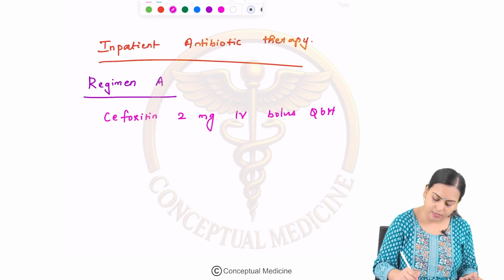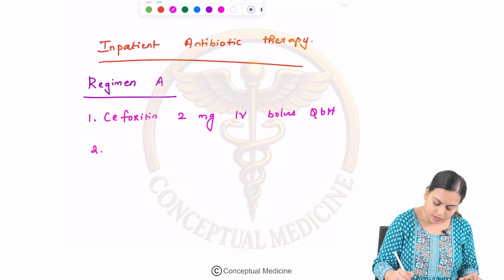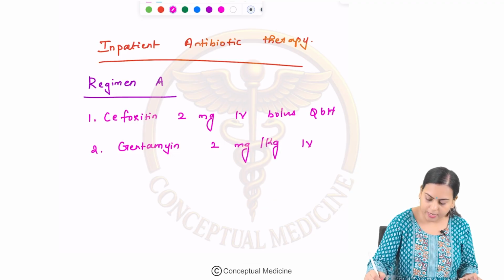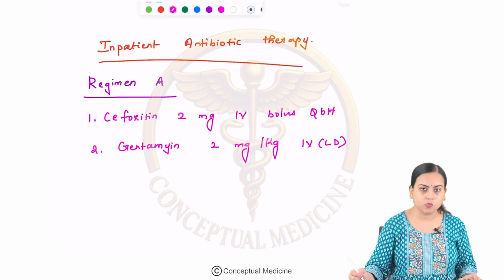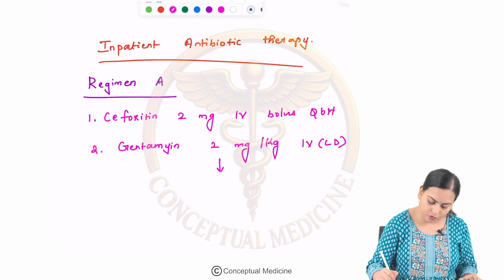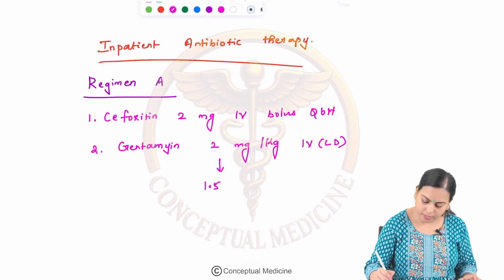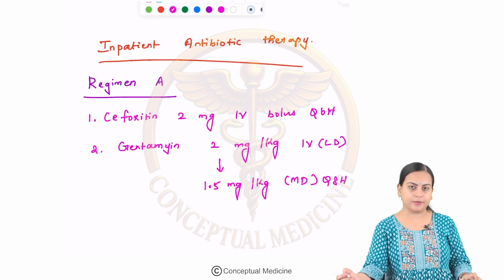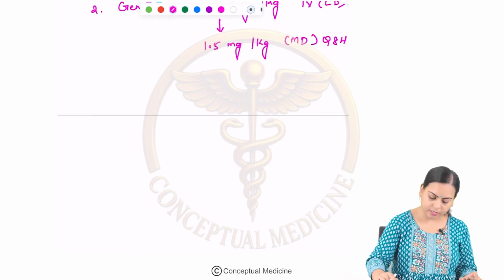Okay. Then gentamicin 2 milligram per kilogram IV given as a loading dose. This will be followed by 1.5 milligram per kilogram as a maintenance dose, that is given every 8th hourly. Clear? Right.